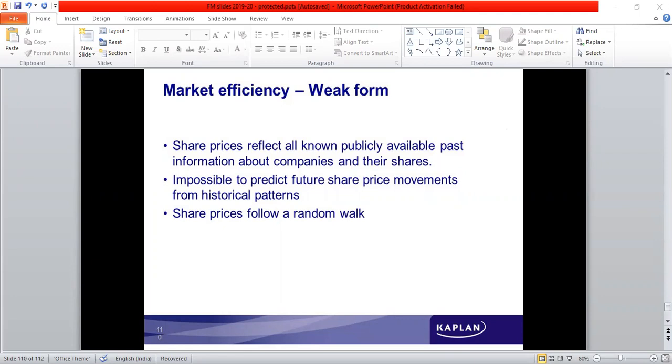Okay. Then examples are, let's say that the weather report comes out stating that the monsoons would be delayed. All those companies dealing with agricultural products get affected. They understand that yes, the produce would be delayed, the crop would be delayed.